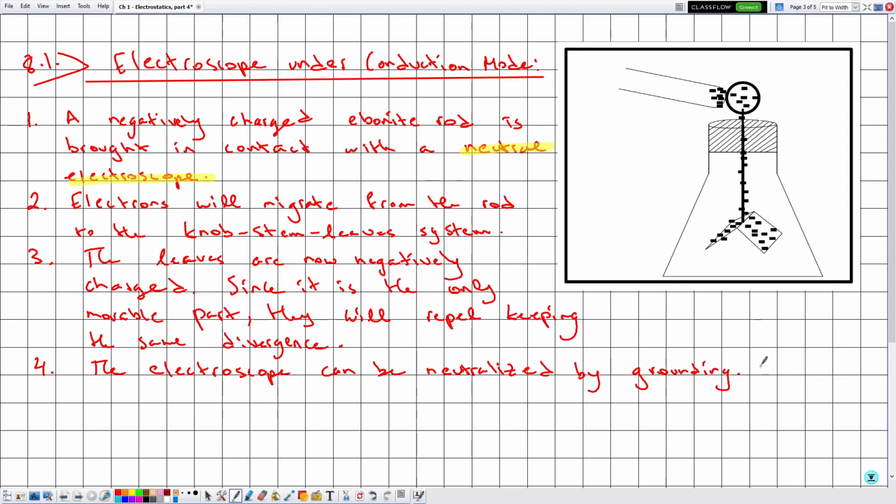So by grounding, we can write between brackets, touching the knob, and the leaves by that will collapse.